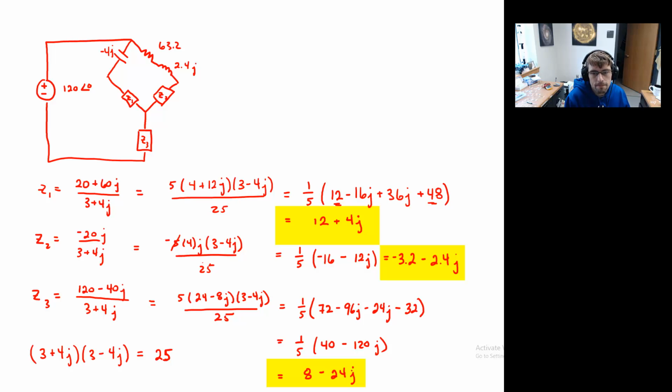Okay. Good. Well, now we're going to want to add resistors in series. So let's go ahead and do that.